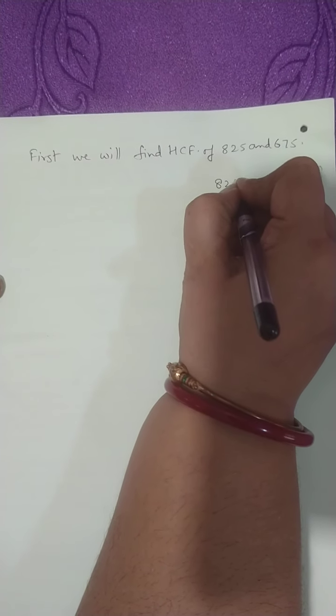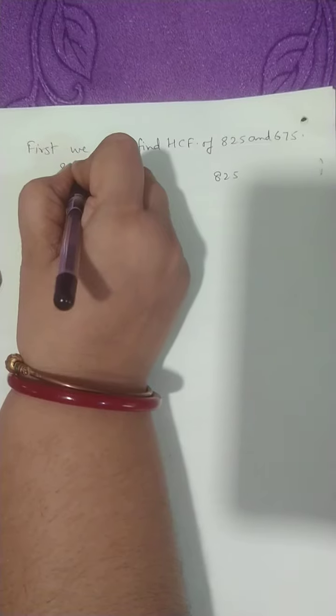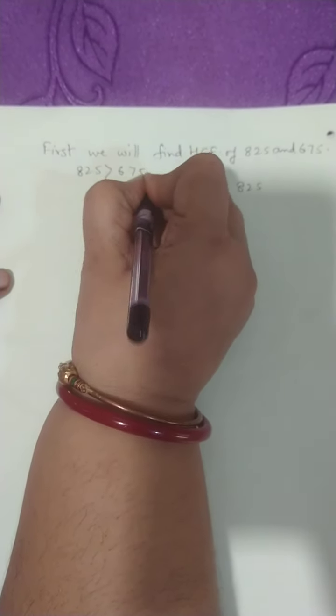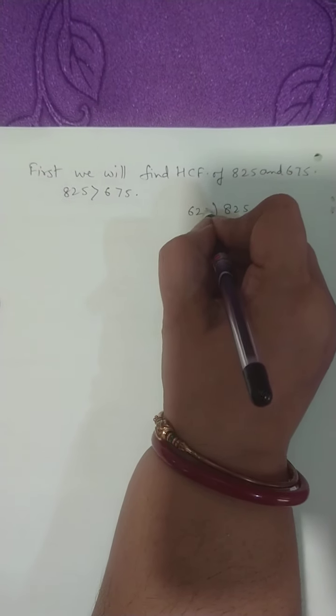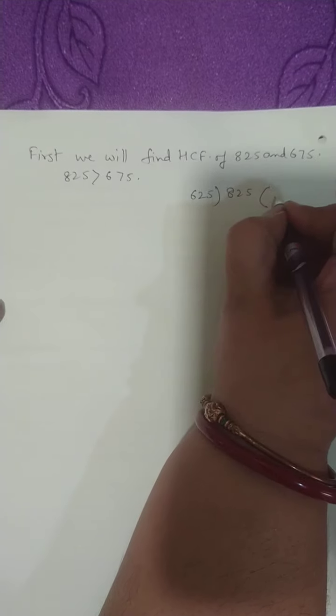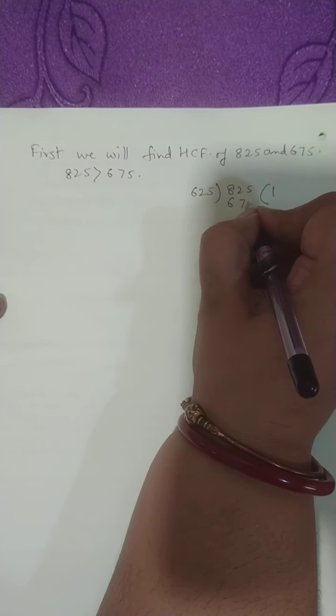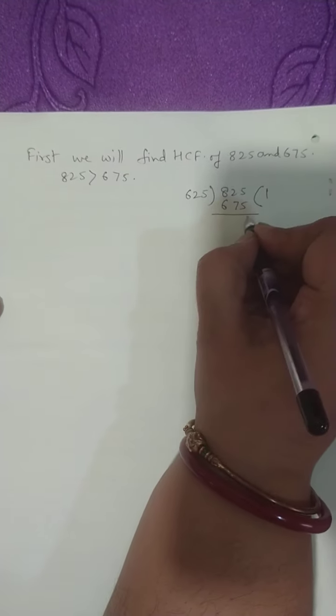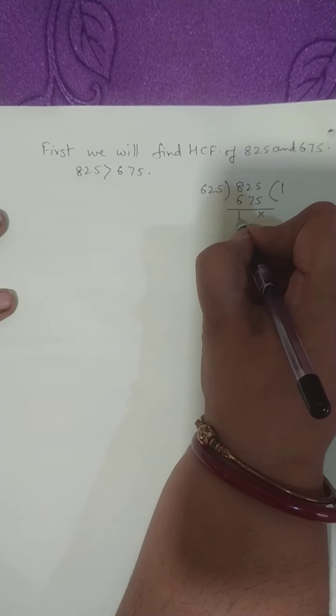So 825 is greater than 675. One time, we get the remainder 150. Now divide 675 by 150: 4 times 150 is 600, remainder 75, then 2 times 75 is 150.